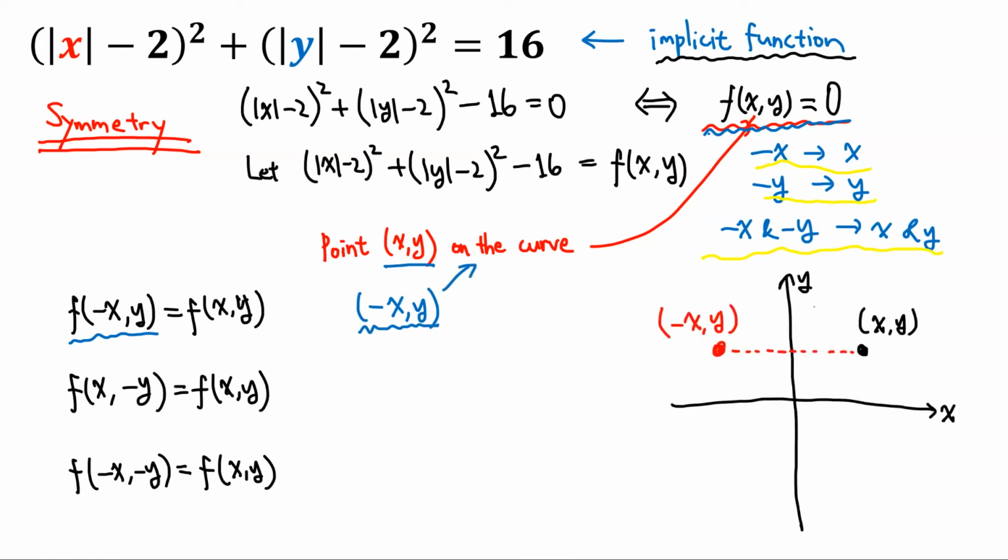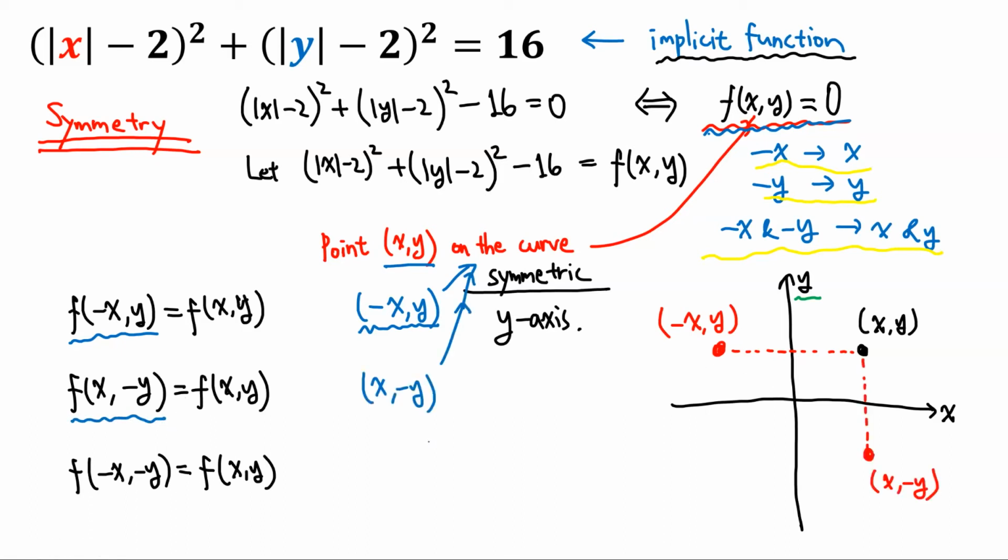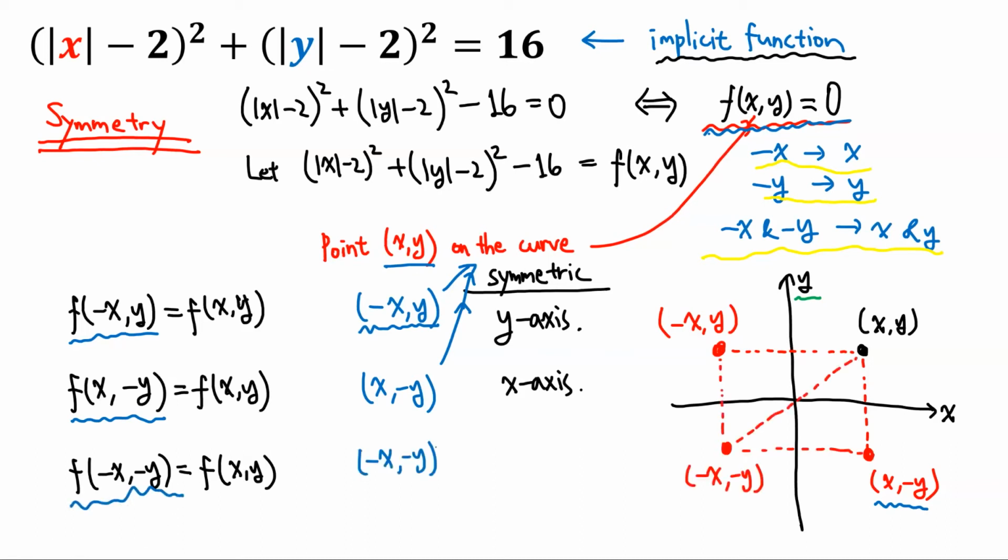And since points (x, y) and (minus x, y) are symmetric with respect to the y-axis, it means that the entire curve is symmetric with respect to the y-axis. Similarly, the second property means that point (x, minus y) is also on the curve, which means that the curve is symmetric with respect to the x-axis. And the third property means that point (minus x, minus y) is on the curve, so the curve is symmetric with respect to the origin (0, 0).